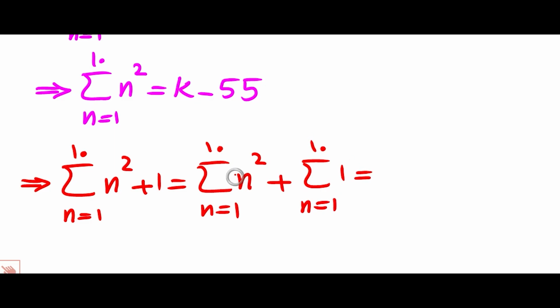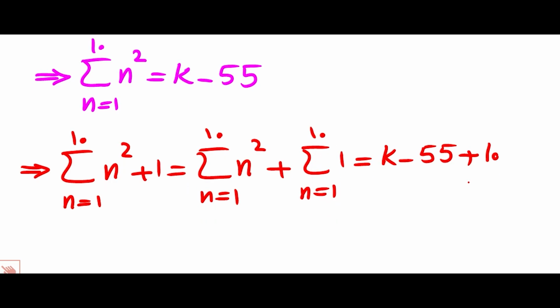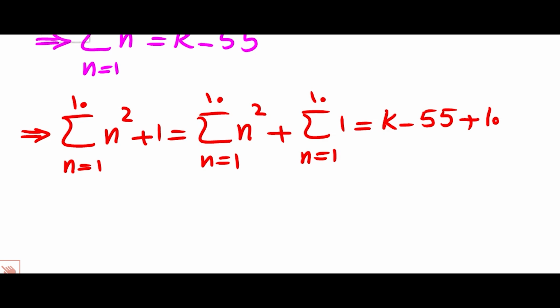The sum of n squared from n equals 1 to 10 is k minus 55. So k minus 55 plus the sum of 1 from n equals 1 to 10, which is 10. So the final answer is k minus 45.